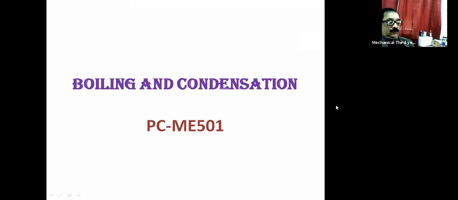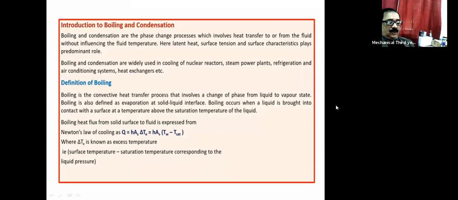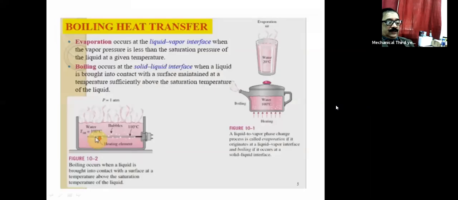First we will talk a little bit more about boiling, and then we will go a little bit deeper into condensation as well. This is what we covered yesterday: an introduction to boiling and condensation, and we tried to understand the difference between evaporation and boiling.